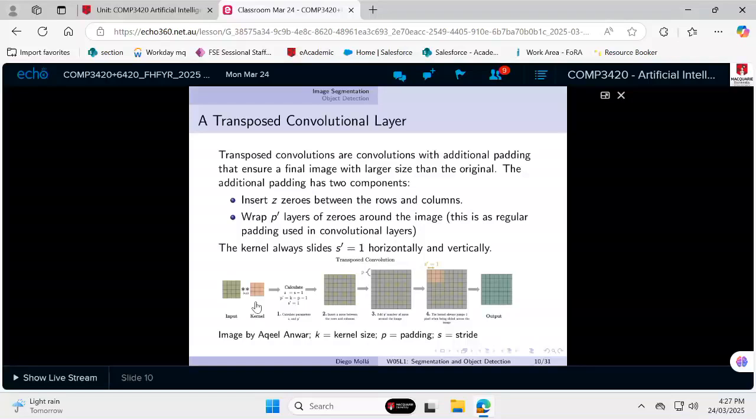Okay, all right, yeah. So actually it says here, Z is going to be the number of rows you can insert between the image, yeah. And P bar is what you wrap around. Okay, I said it wrong before. Okay, and you get this one here.